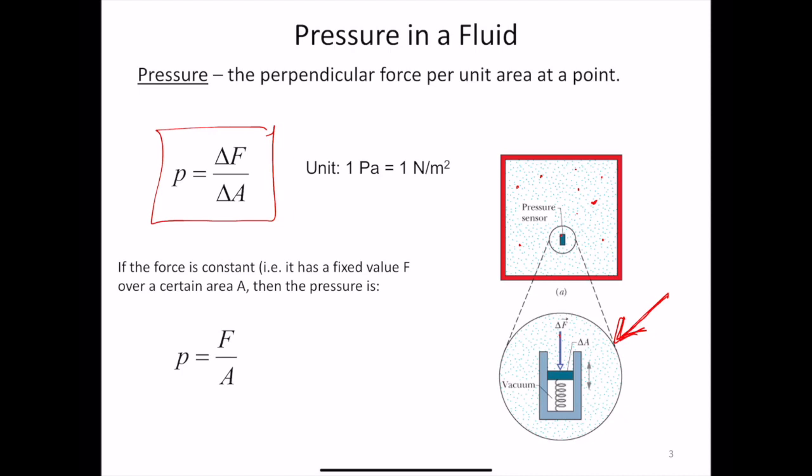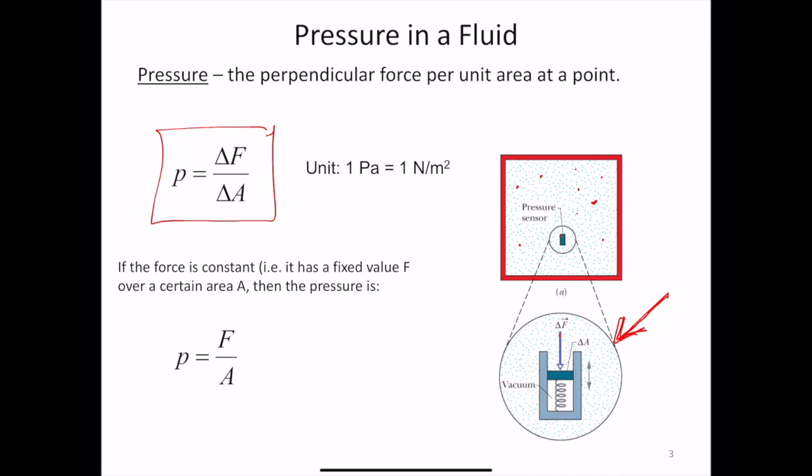So you can use this device, our little imaginary device here, to measure the pressure at any point inside a fluid. Just imagine taking this device into this red square, which is a container of some gas or fluid, and moving it around from point to point.